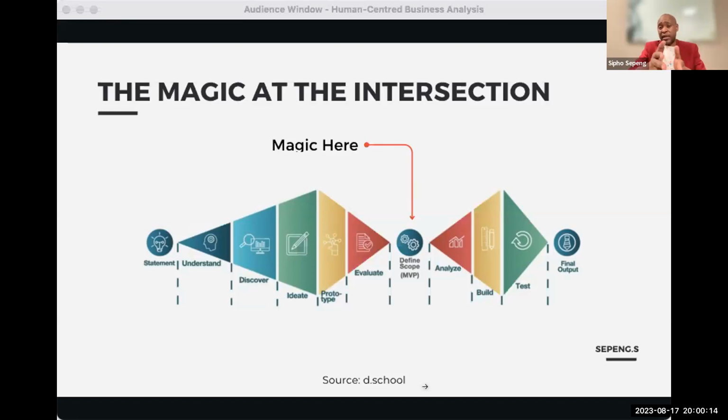A business analyst would then also analyze in that second part of the double diamond from the vast amount of data. They would then build and then test the solution.